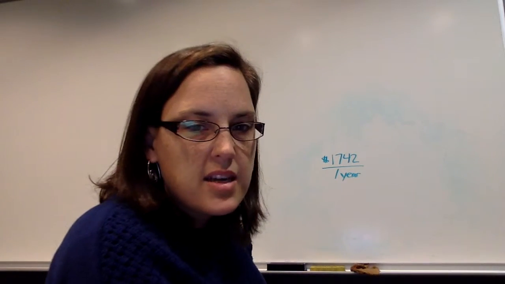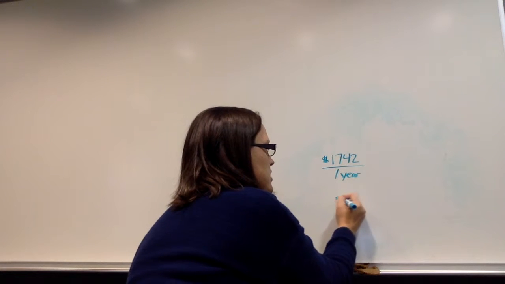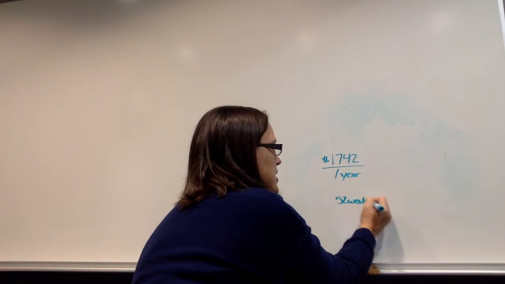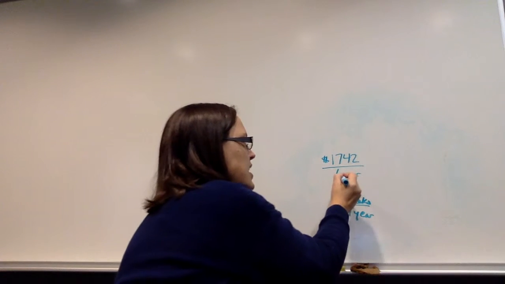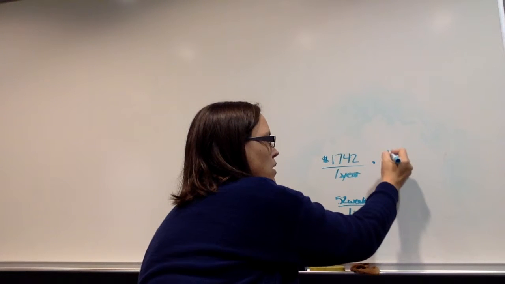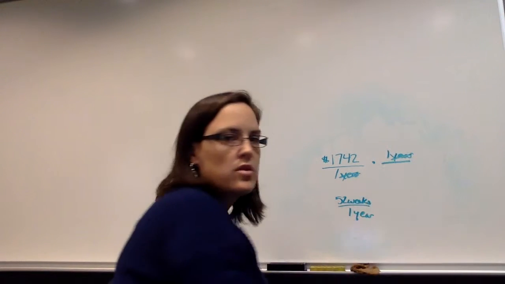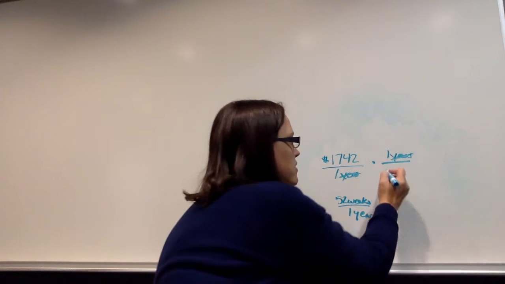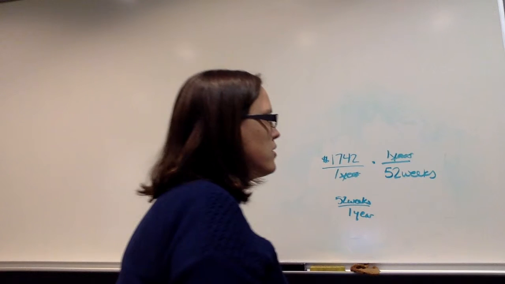And it's asking us to convert that to weeks. Well, we know that there are 52 weeks in 1 year, okay? But in this case, I want my years to cancel out. So I'm going to put 1 year right here so that we can cancel those out. And then we're going to put down 52 weeks in the denominator of that fraction.